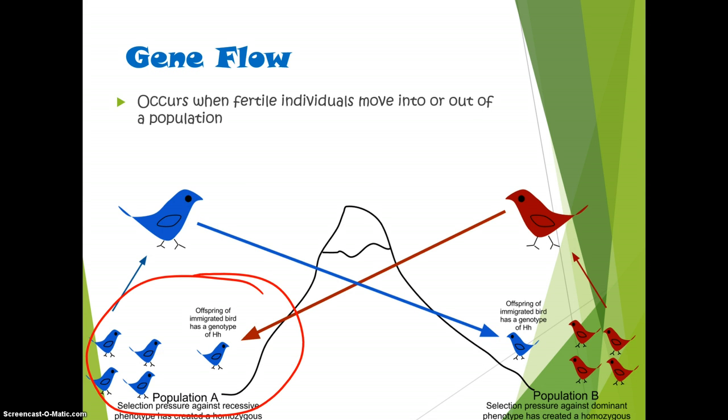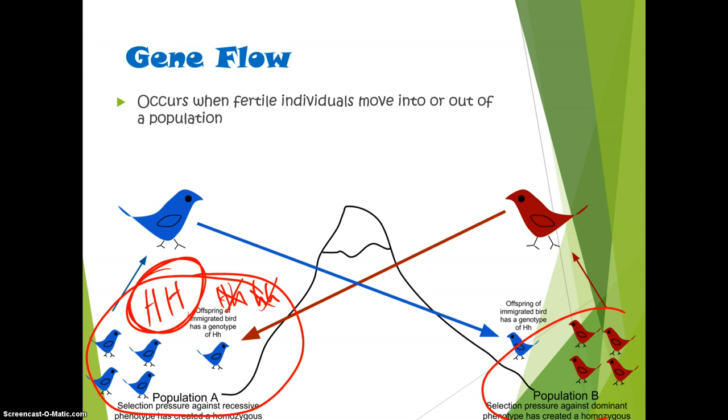Population A: selection pressure against the recessive phenotype has created a homozygous population, big H, big H. Just like your butterflies, some colors stuck out more than others. Some kind of selection pressure is killing the birds that have big H, little h, and little h, little h. So we have a higher frequency of big H, big H.